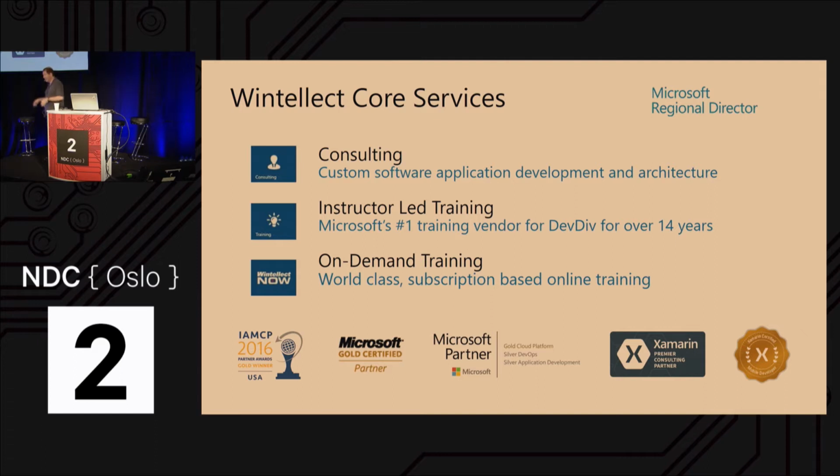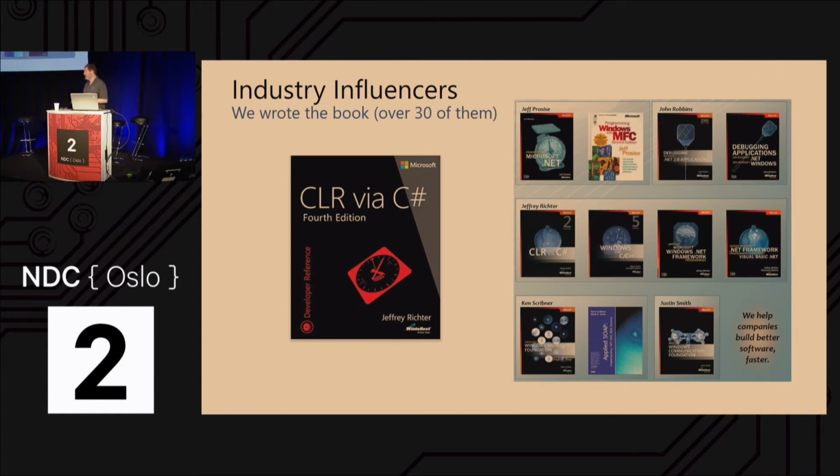That's WinElect. We're a software development and training company. If you don't know us, we've won lots of little awards and things like that. I won't go into it. But if you do know us, you probably know us through the books that have been written by our owners and employees over the years. Some of them are well-known names, like Jeffrey Richter and John Robbins, who was the Bug Slayer columnist in MSDN. That's how most people know us, even though training is only about 20% of our revenue, but that's where the name came from.